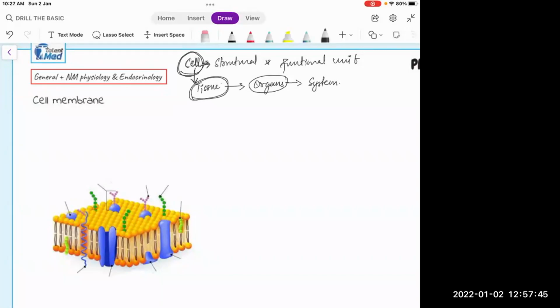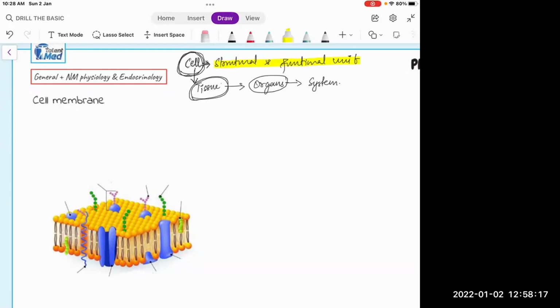Like the digestive system, when you talk about the renal system, it starts with the kidney, ureter, urinary bladder, urethra. Those are different organs performing the excretory or renal function in the process of urine formation and excretion, so you call it a renal system. So the cell is the basic structural and functional unit of the living system.